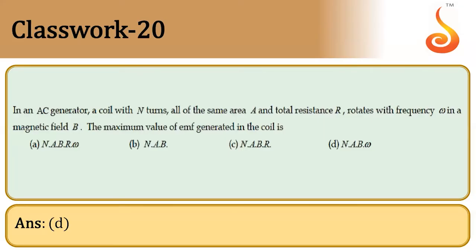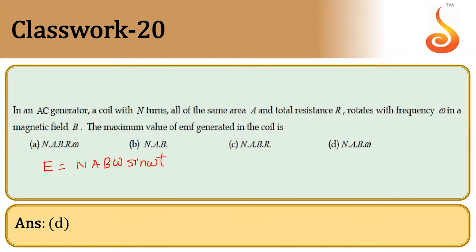Next. In an AC generator, the coil with N turns, all of the same area A and total resistance R, rotates with a frequency omega in a magnetic field. The maximum value of the EMF generated is? In an AC generator, the EMF value is NAB omega sin omega t.